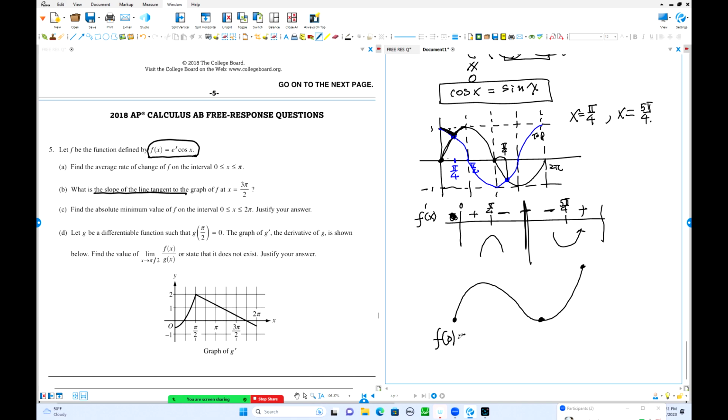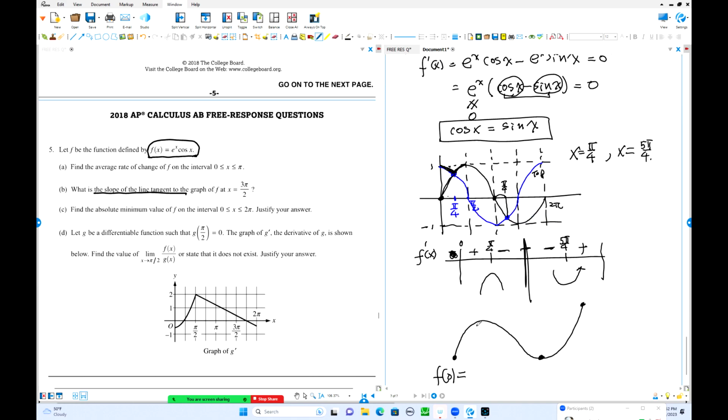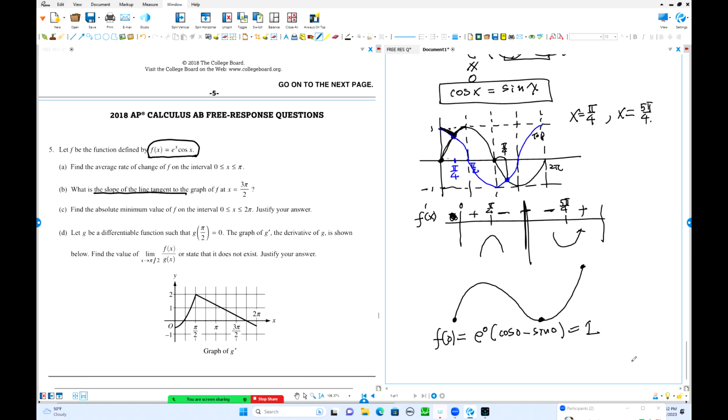E to the 0 is 1, cosine 0 is 1, sine 0 equals 0, so that is equal to 1. We start with 1 as the minimum. But take a look at this other point, which is lower. We're going to check it out by putting in 5 pi over 4.